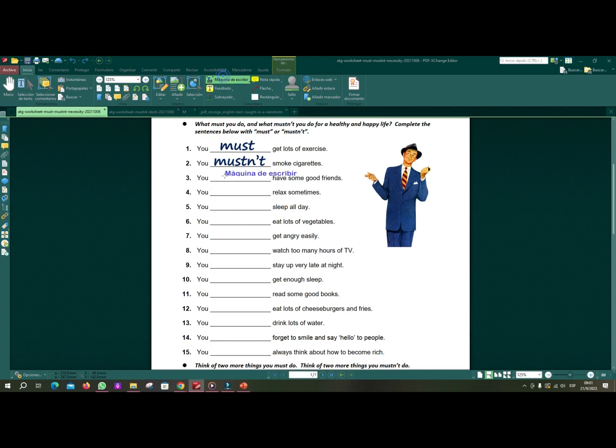What do you think about the number 3? You have some good friends. Must or mustn't? What do you think about number 3? Yes. You must have some good friends. Excellent. What about the number 4?